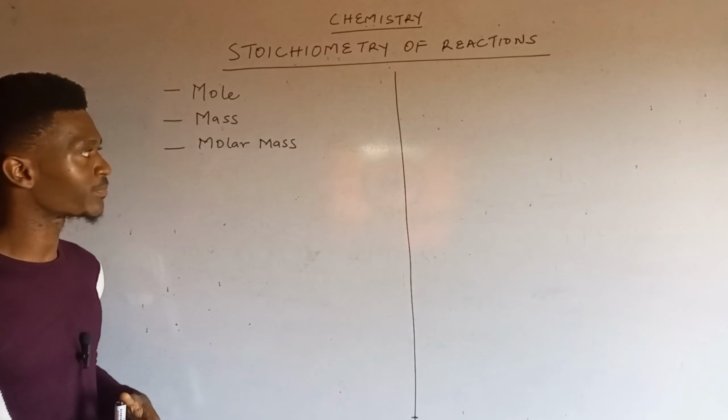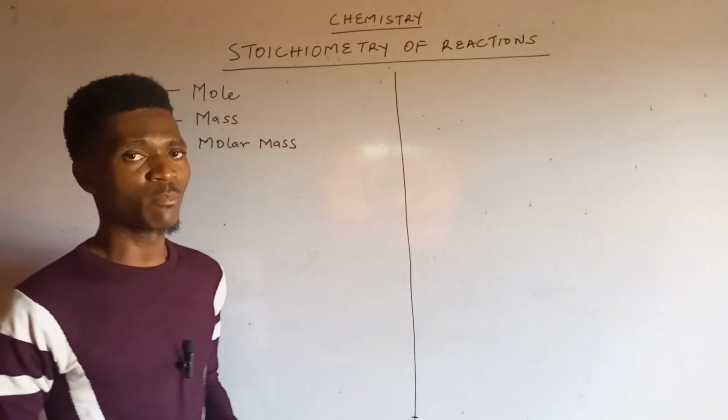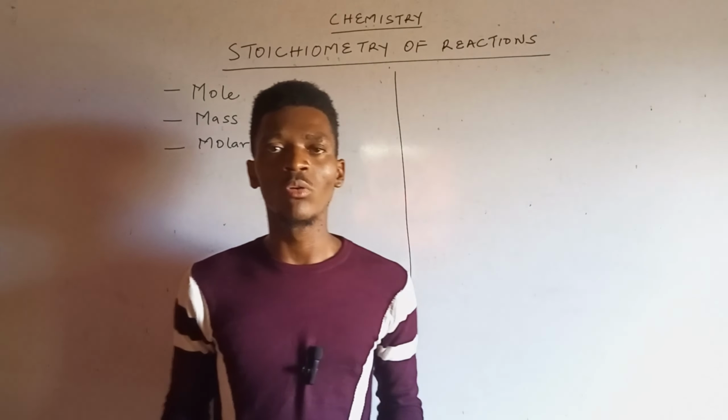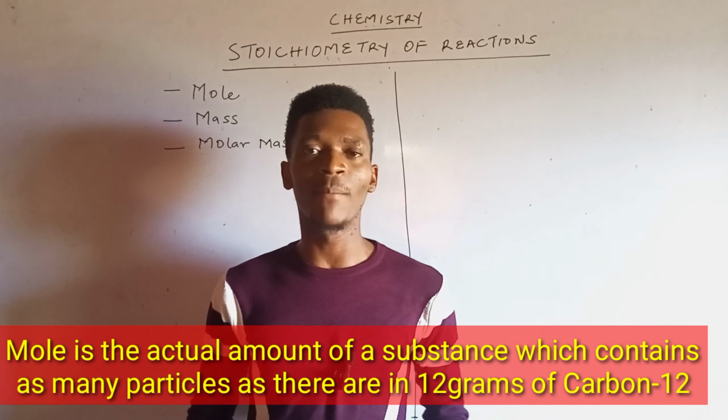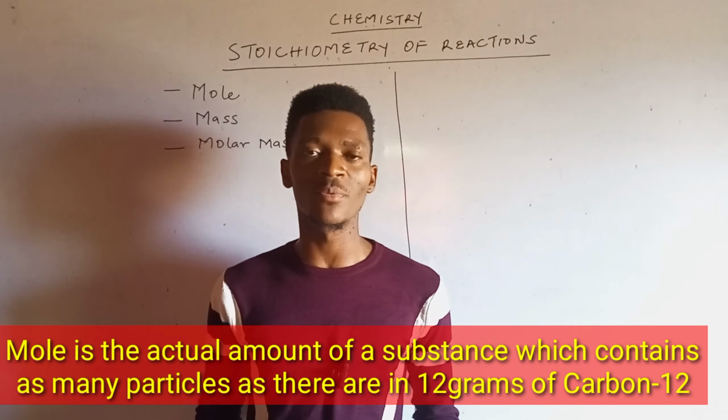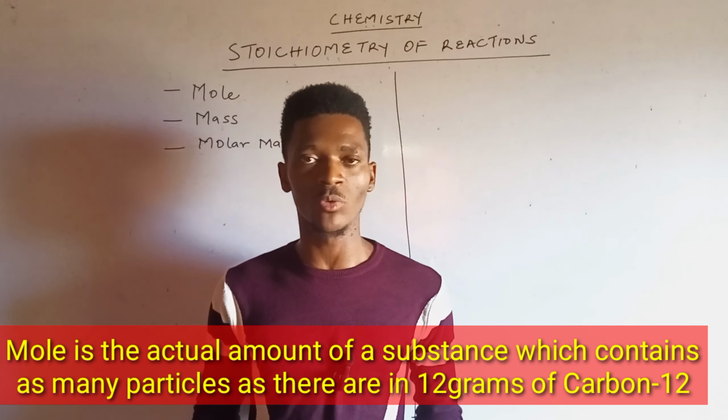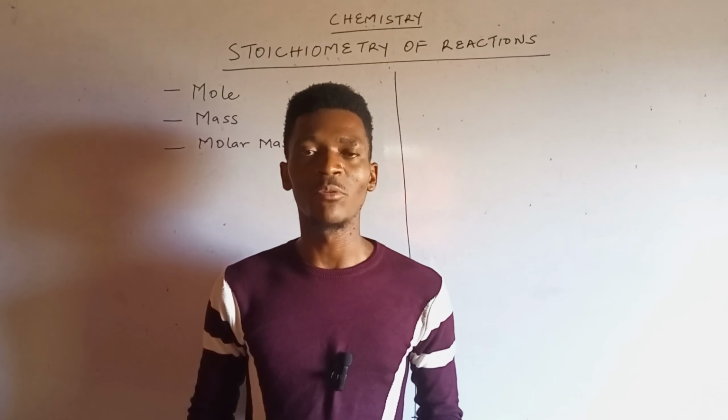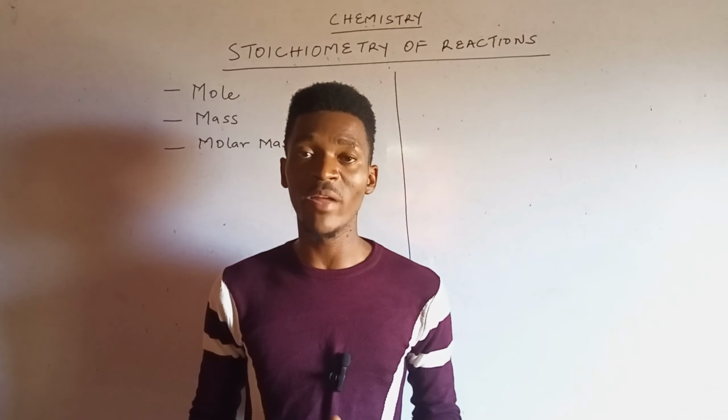Now, looking at the first one, mole. What is mole? Mole is simply the actual amount of a substance which contains as many particles as there are in 12 grams of carbon-12. Now, looking at that definition of mole, I will explain in detail, but you just take cognizance of that definition.